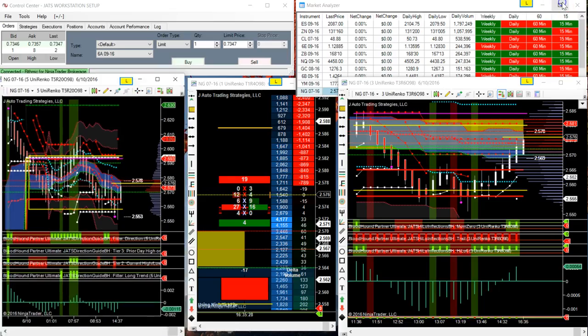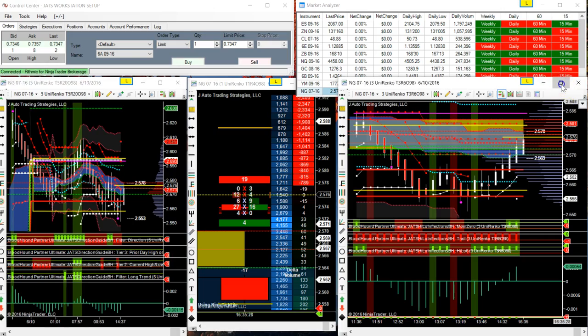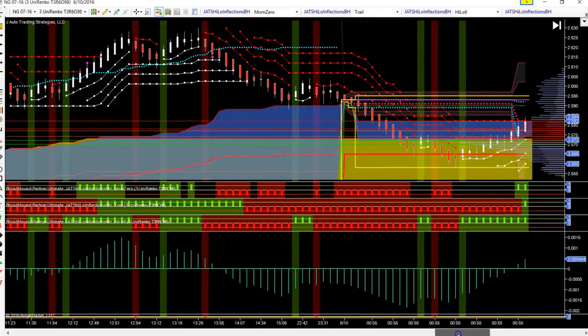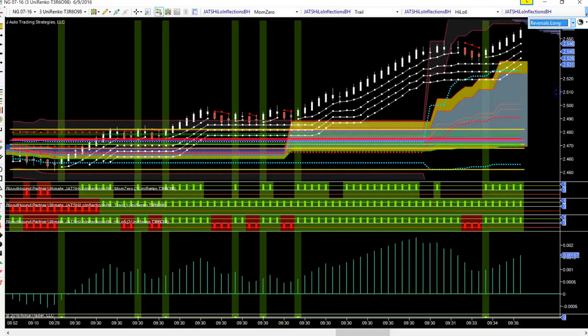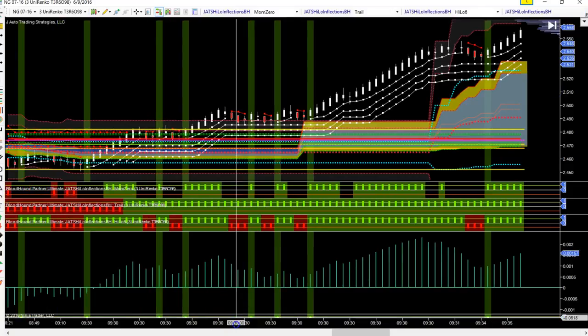So this is my direction guide template, and to trade that, let's go back to those long periods. Set your template on long and take your trades.